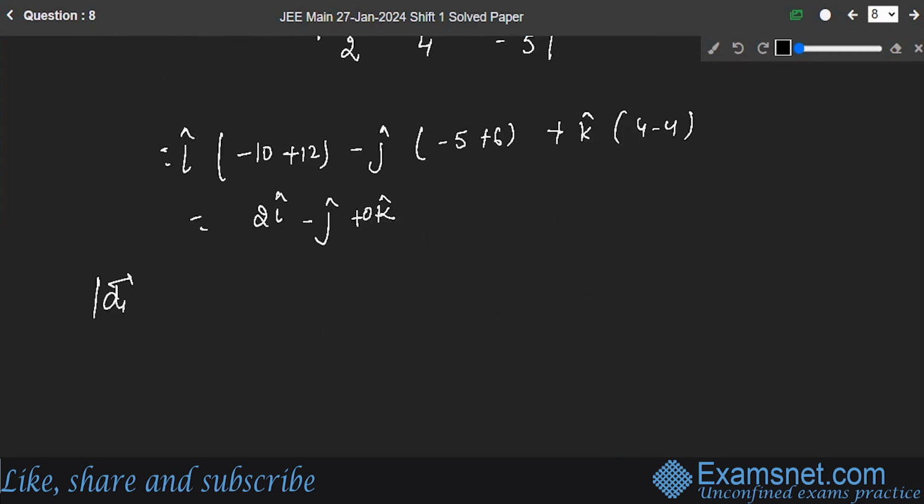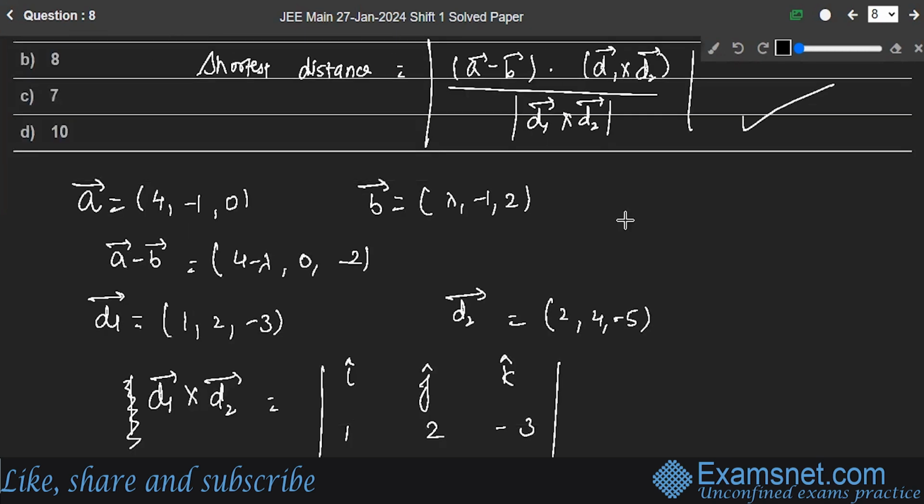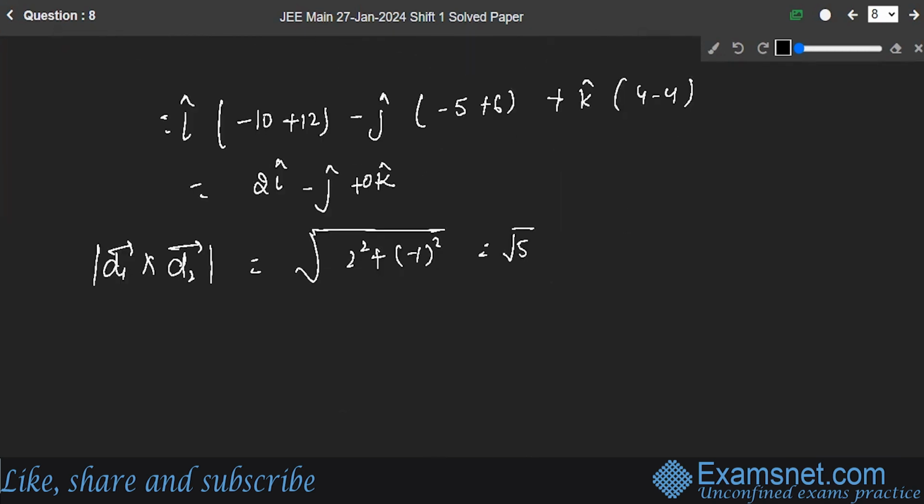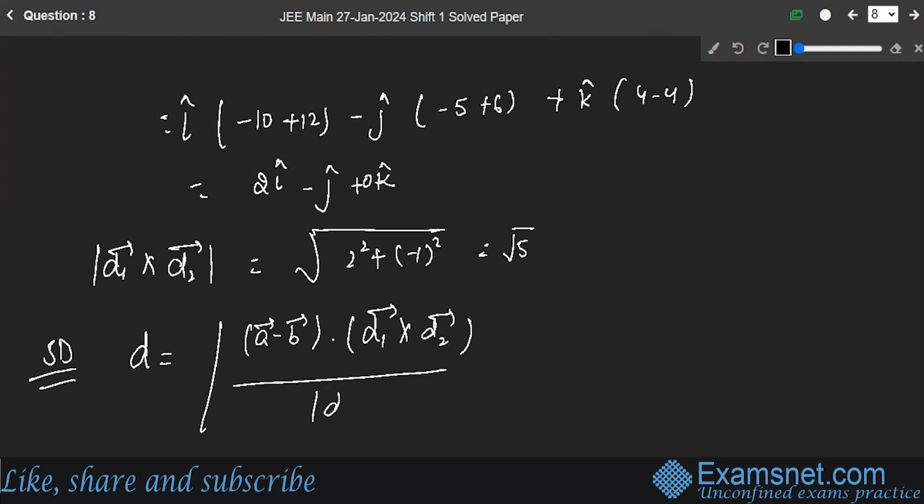Let's find out the magnitude of this. This is equal to root of 2 square plus minus 1 square, which is equal to root 5. Now let's fill in everything in this equation. The shortest distance D is given by modulus of A minus B dot product with D1 cross D2 divided by the magnitude. You are given in the question that this is equal to 6 upon root 5.